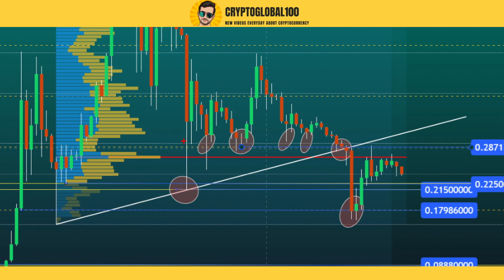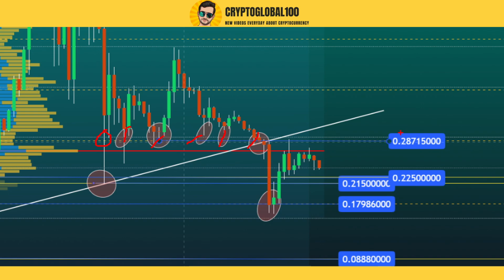You see here it was tested but got rejected once, then here we got two, three times, four times, five times, six times, then here seven and eight. So 8 times this area of 0.28, approximately 8 or more times, this area was tested, and the more times a level is tested, the weaker it becomes.